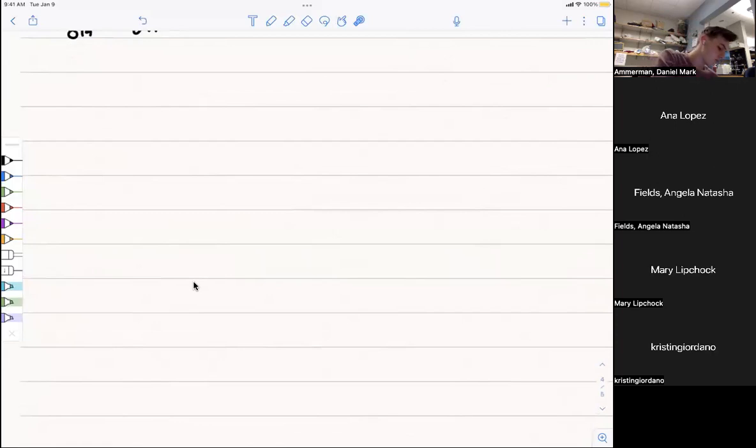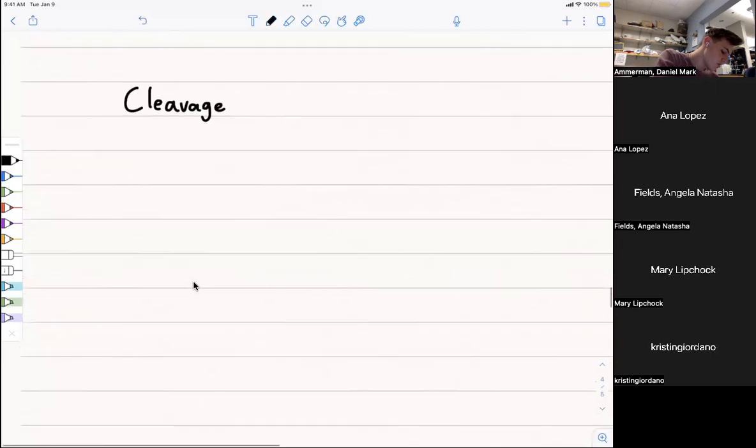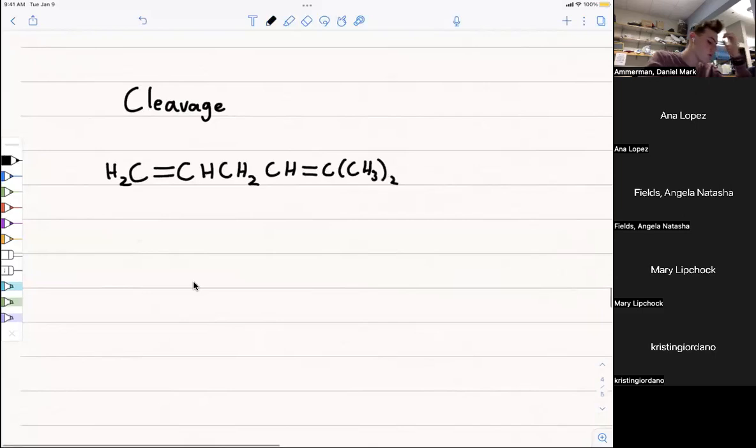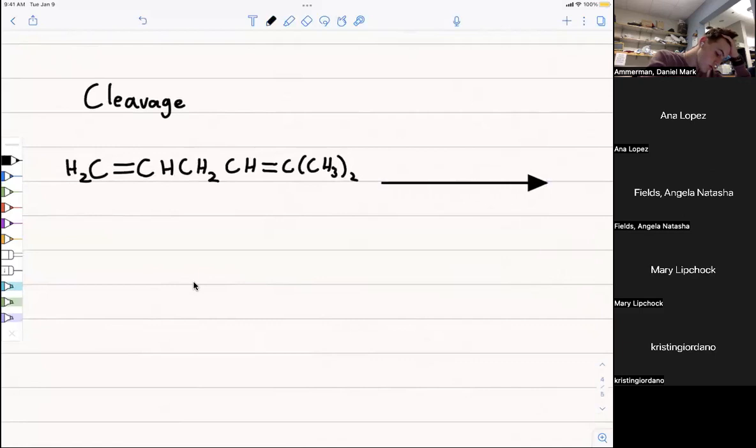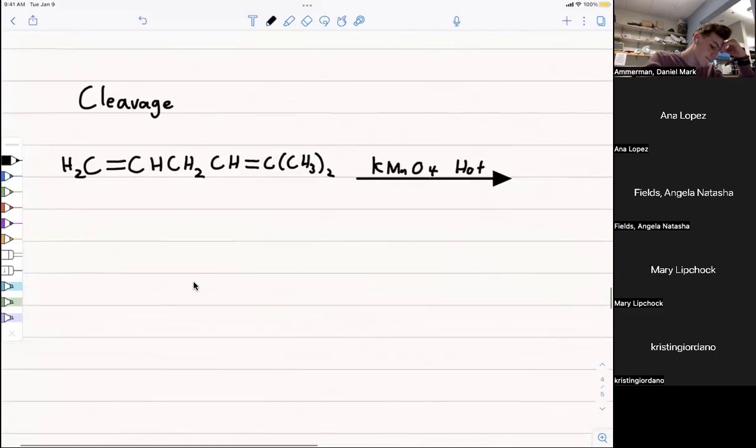I'll also do it as a condensed drawing. And then we'll do it with DMSO as the solvent.